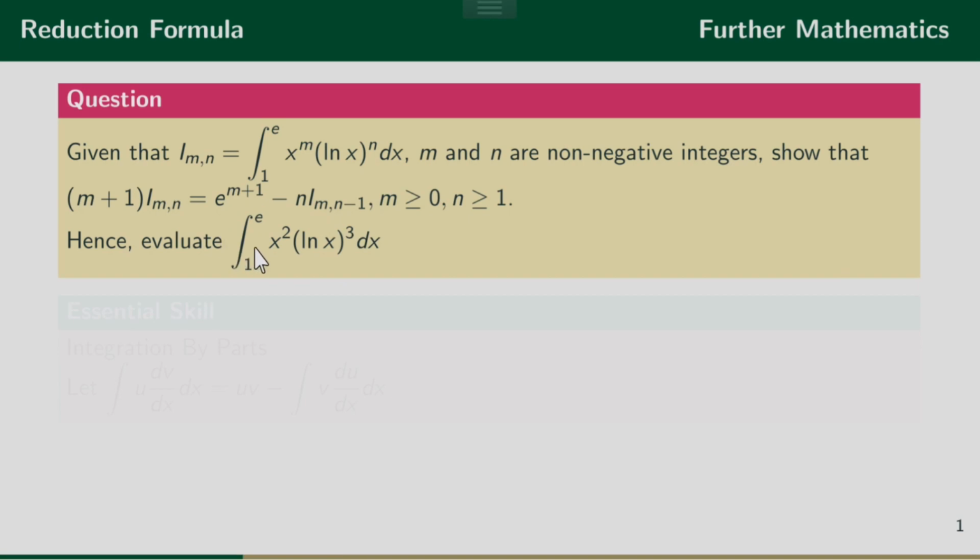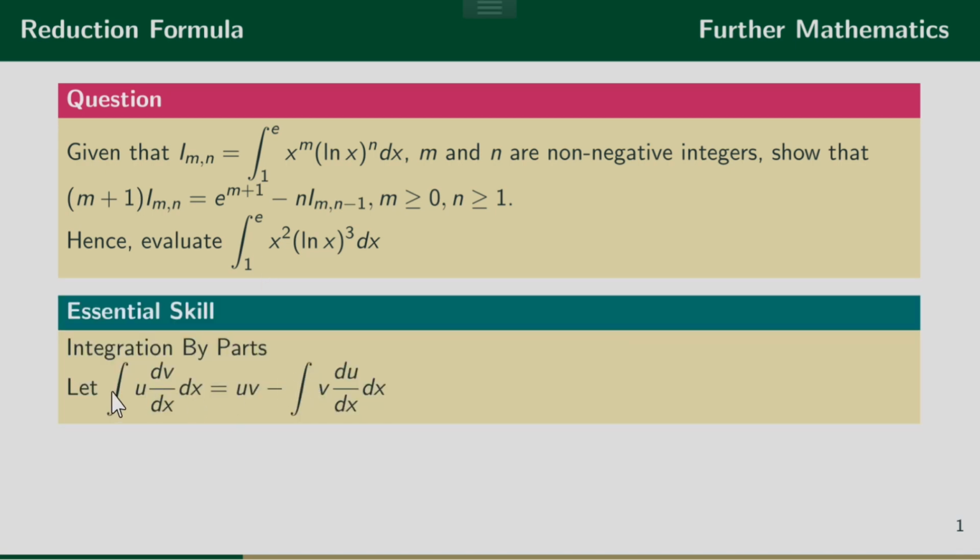Now, one important skill that you need to know here is integration by parts, because integration by parts is a technique which is used to integrate the product of two functions where one is not the derivative of the other, by systematically reducing its power. Integration by parts states that the integral of u dv/dx is equal to uv minus the integral of v du/dx.